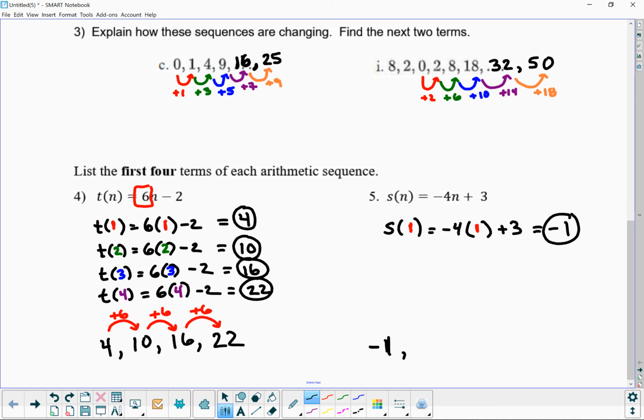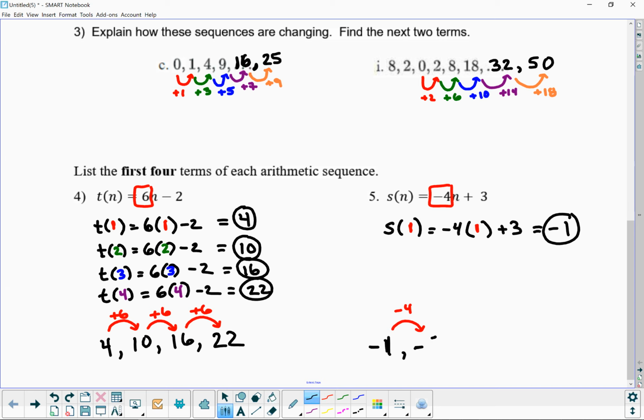For my next 3 terms, I'm just going to utilize my slope. That's going to tell me what's going to happen. So from here, I'm adding a negative 4. Adding negative 4 really just means subtracting 4. So negative 1 minus 4 gives me negative 5.